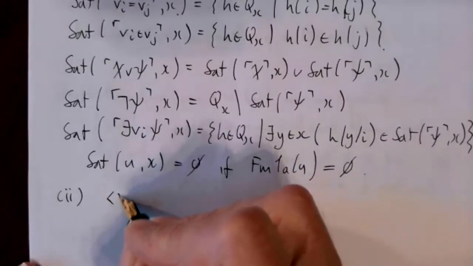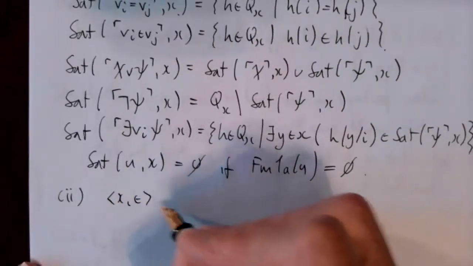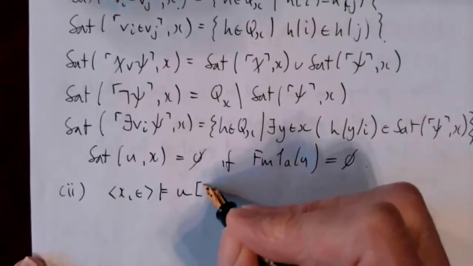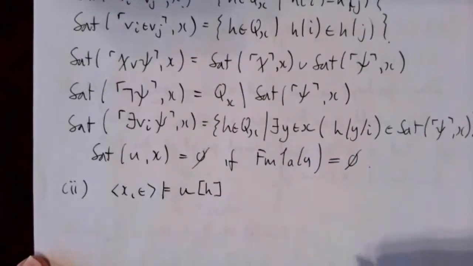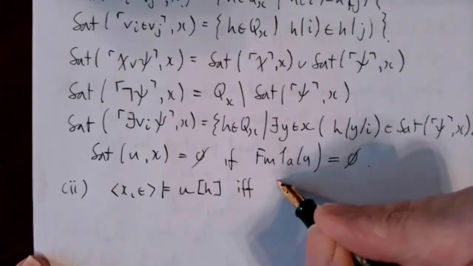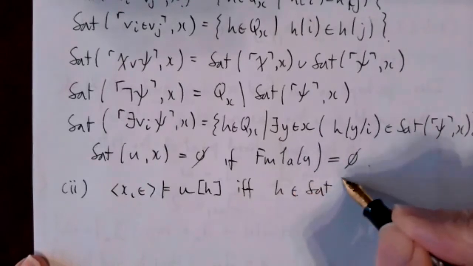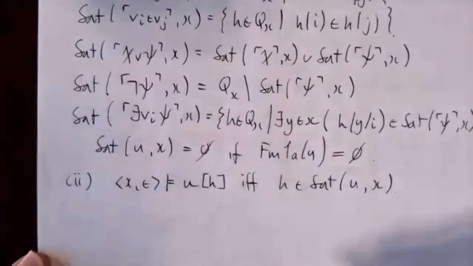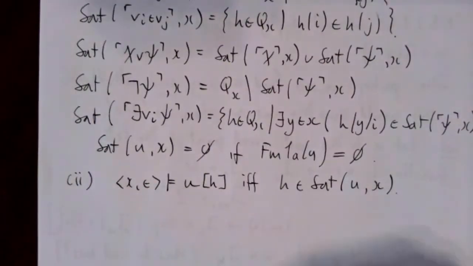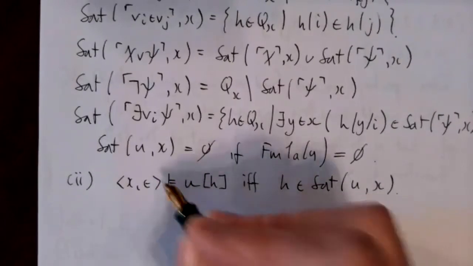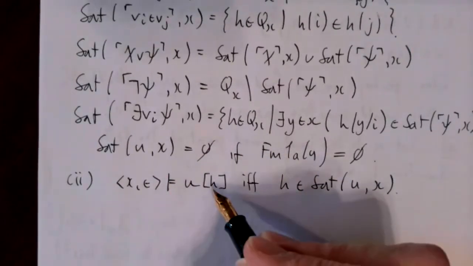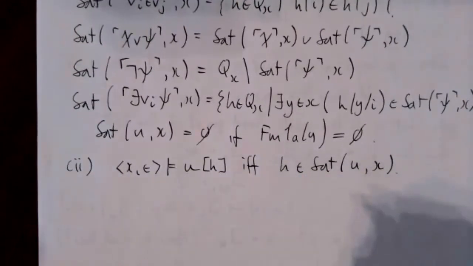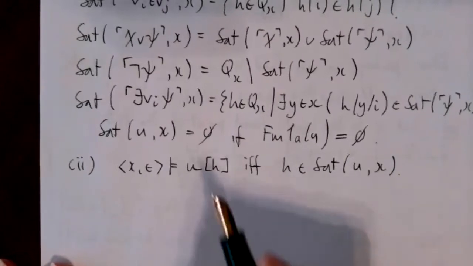We write x epsilon code square brackets h if h is in a collection of valuations that make the formula coded by u true in x. So we tend to use this double turnstile notation, which is sort of saying h makes u true in x. So again, it's semantics. It's about making things true or false.